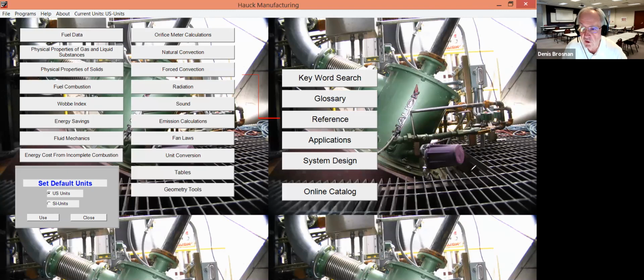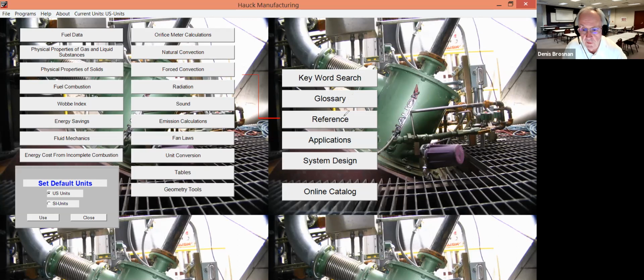Now, I want to say that every time you open the screen, you get a different background picture. It's a really nice little thing about the eSolutions software. So we'll see different kinds of furnaces in different industries that these folks market products to. Some of the interesting things here are the keyword search, the glossary, and the reference windows.